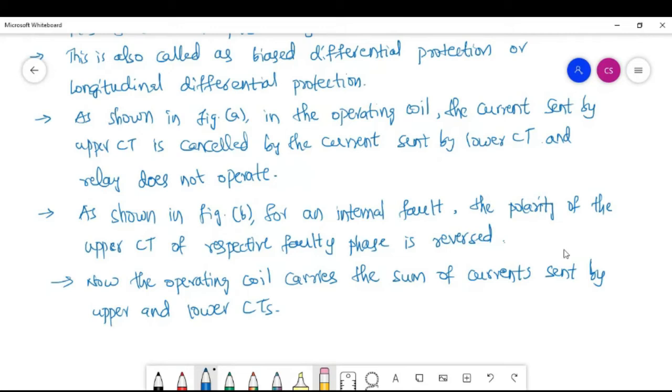You can mention it as IA plus IA dash also. Therefore, the relay operates.